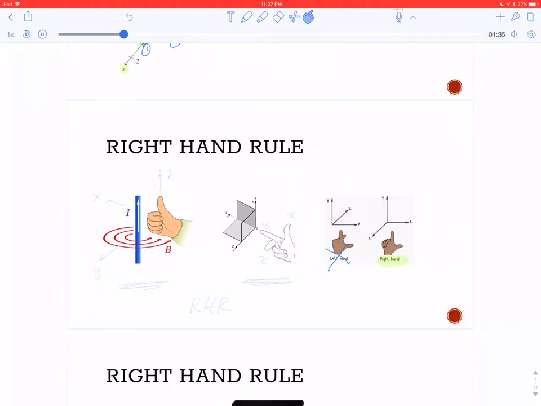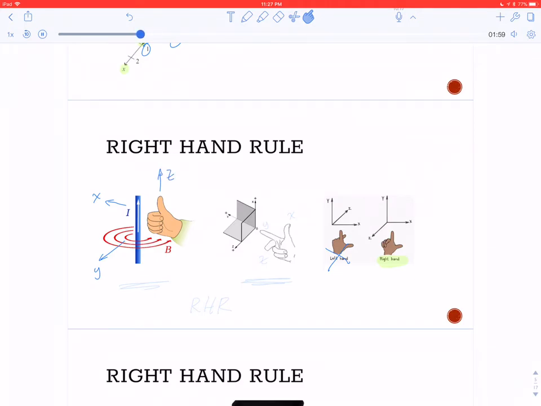So one way to do it is to point your fingers towards x in such a way that they can curl only towards the y. So in this case, this person has pointed their fingers towards x and curled their fingers in towards y, and then your thumb will be pointing in the z direction.